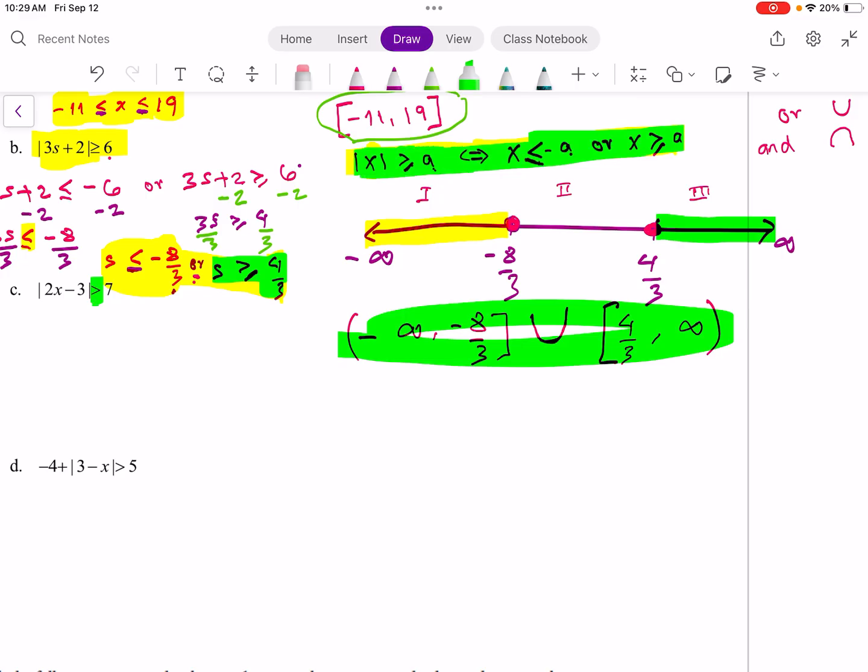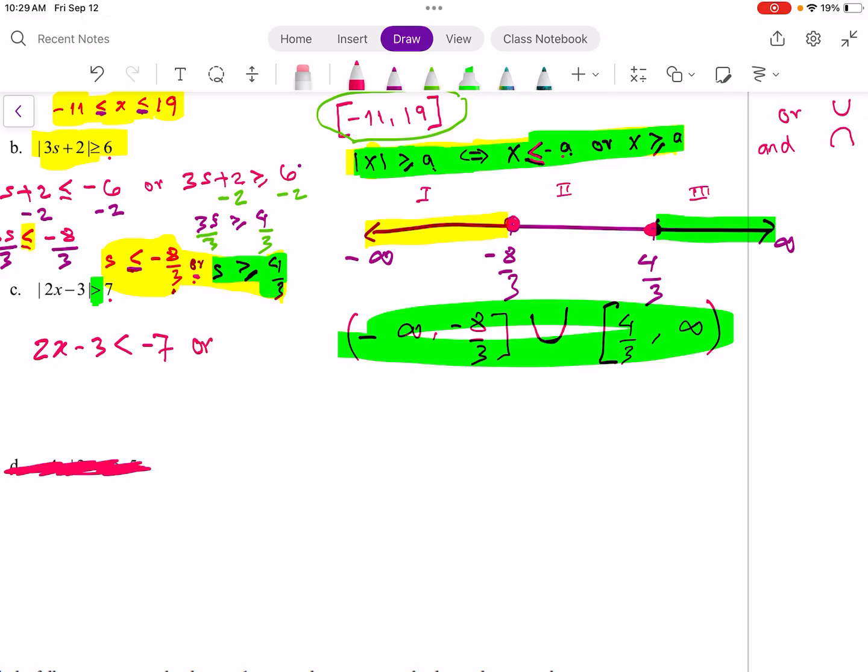So according to this definition, you write down whatever you have inside the absolute value sign, which is 2x minus 3. So let me erase this for a while. We write down 2x minus 3, then less than. We do not have equals to here. You simply write down less than negative a. Your a is 7, so negative of 7 is negative 7, or, do not forget or.